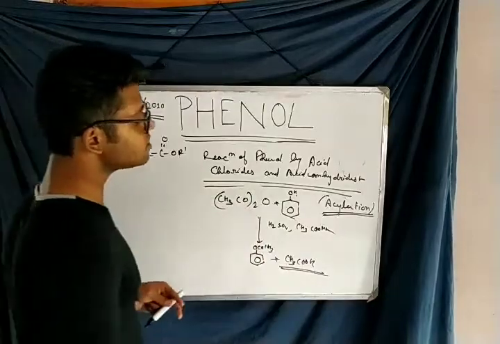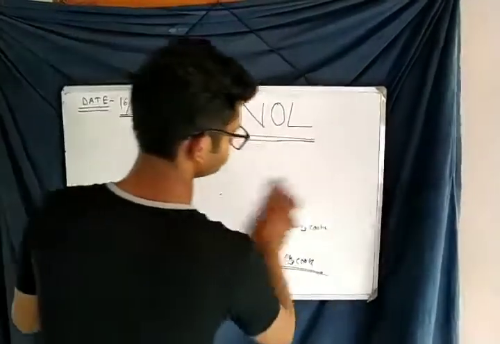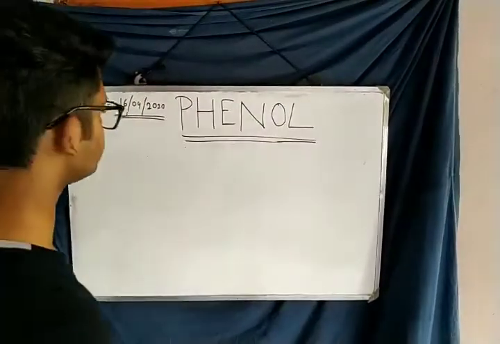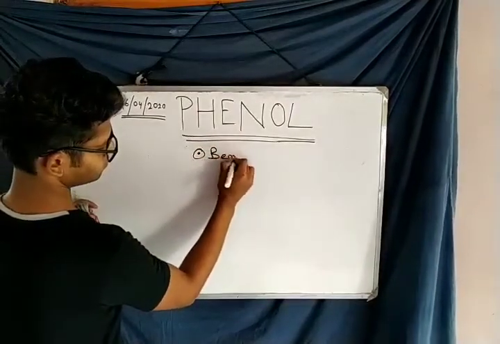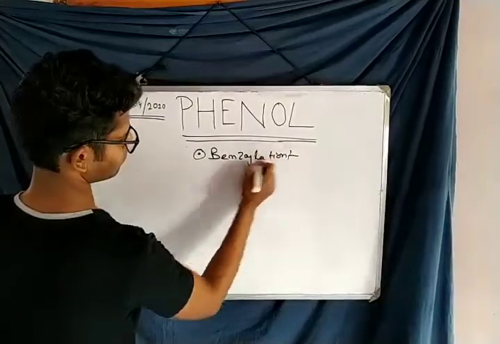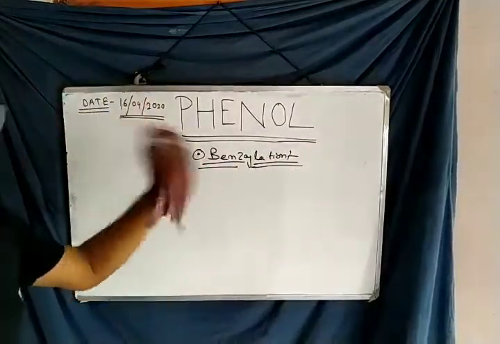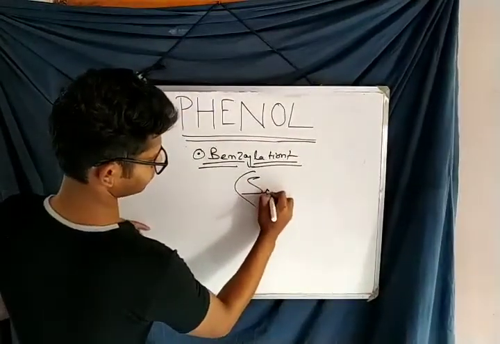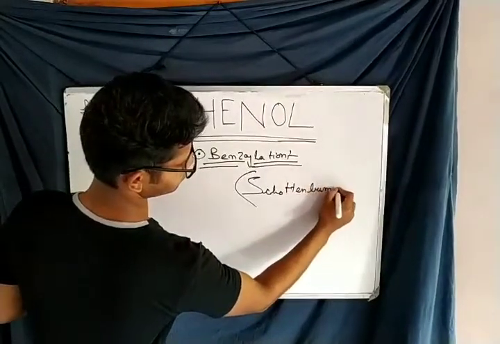So the next reaction is benzoylation. And this reaction is also known as the Schotten-Baumann process.